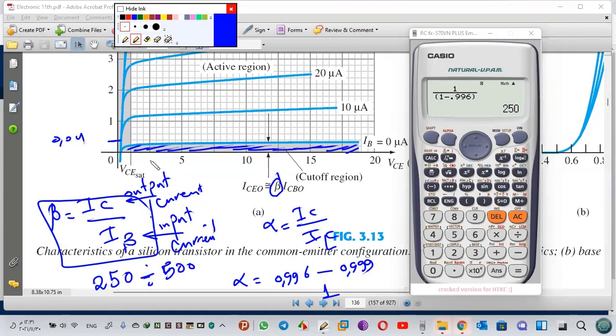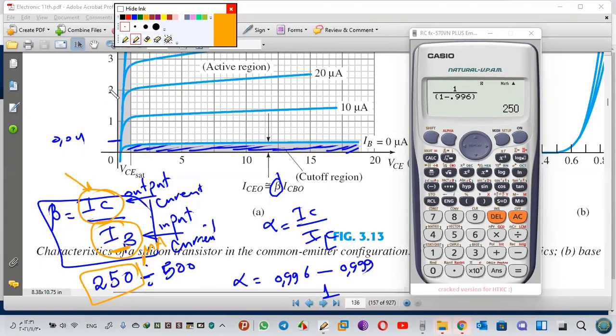Okay, what does that mean? See here. IB is the input current, and IC is the output current. If I have a small current in microampere, multiply by 250, I will get IC. You told us IB current is very small.